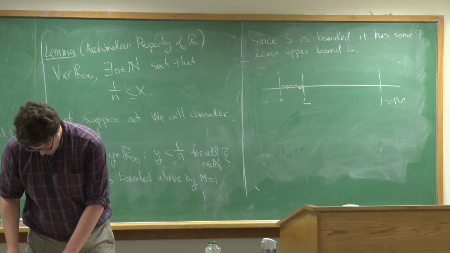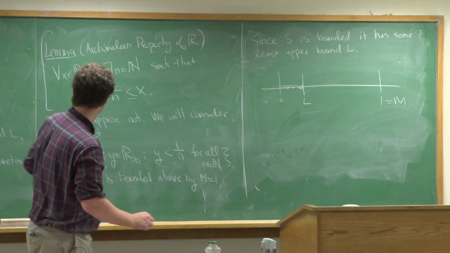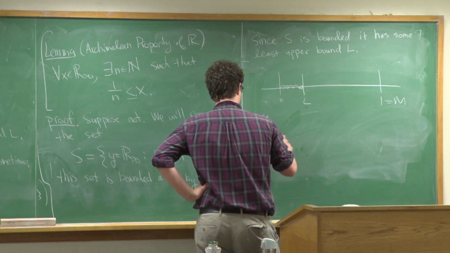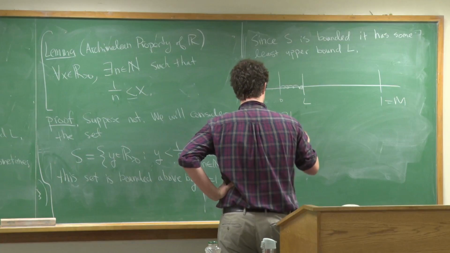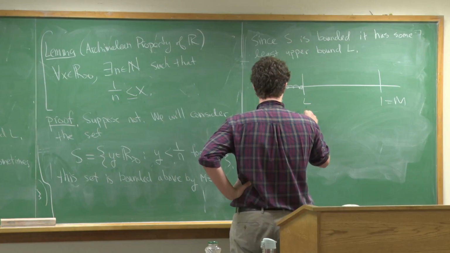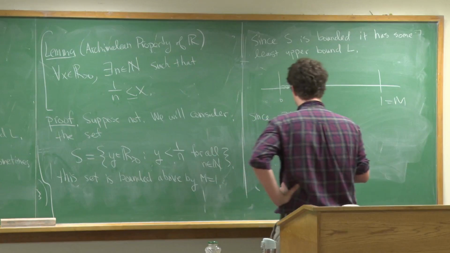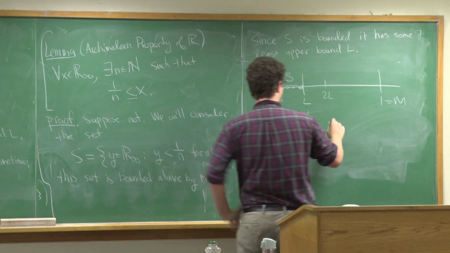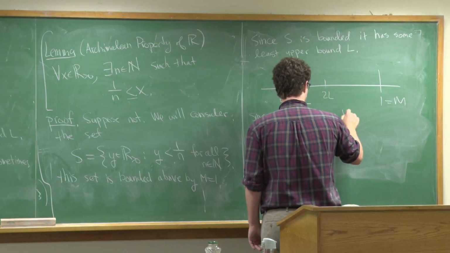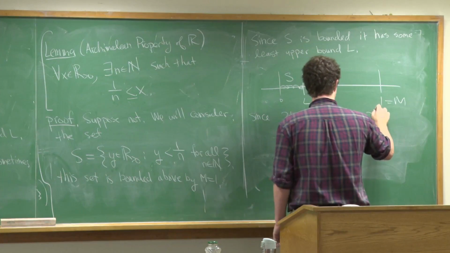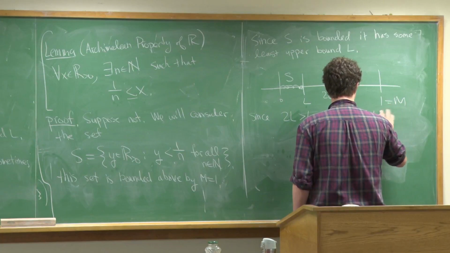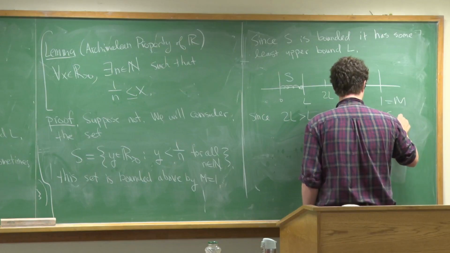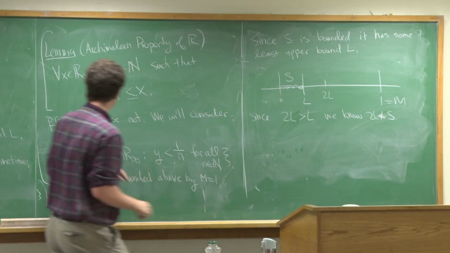Okay. So since 2L is bigger than L, we know, here's 2L, and here's our set S. We know 2L is not an element of S. So what's the definition of S?